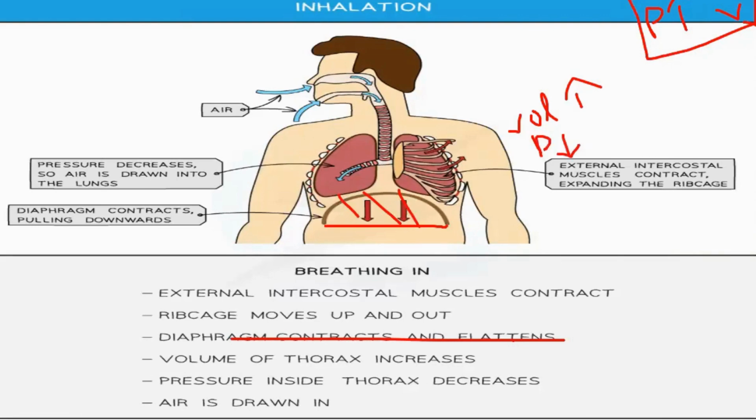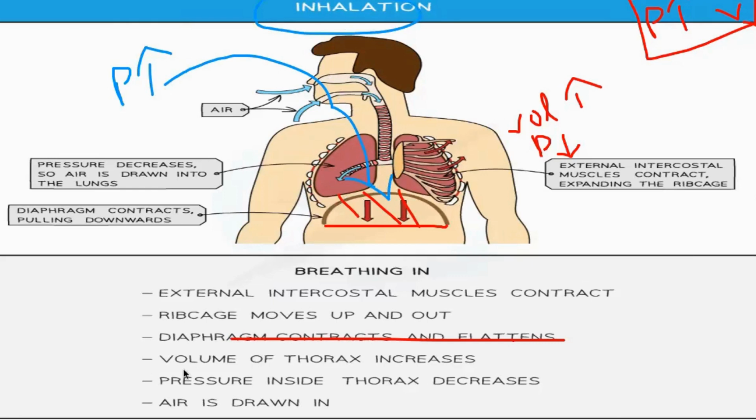So air outside is at higher pressure, like the atmospheric air. Air from higher to lower pressure rushes inside. That is what inhalation is about, that air comes inside your body.